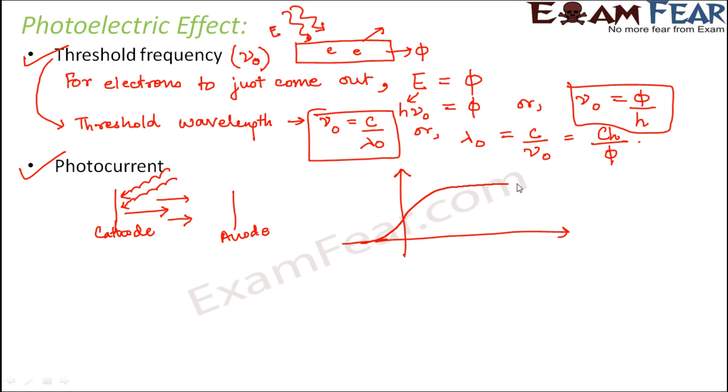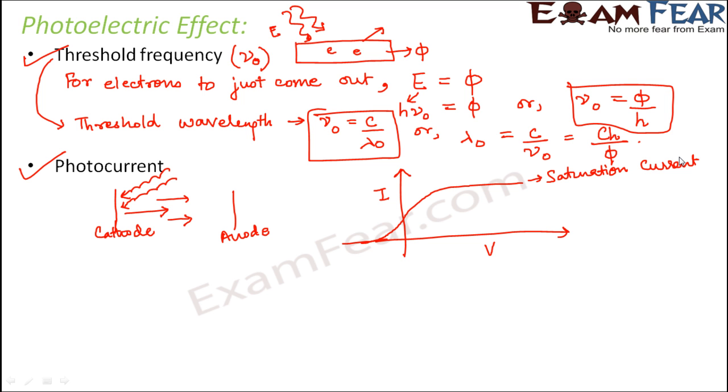We see that initially as the value of voltage increases, the value of the current also increases. But after a certain point, the voltage still increases, but the current remains at the same value. This current is known as saturation current, because it is a saturated value beyond which the current doesn't increase. So that's how the current varies with voltage.